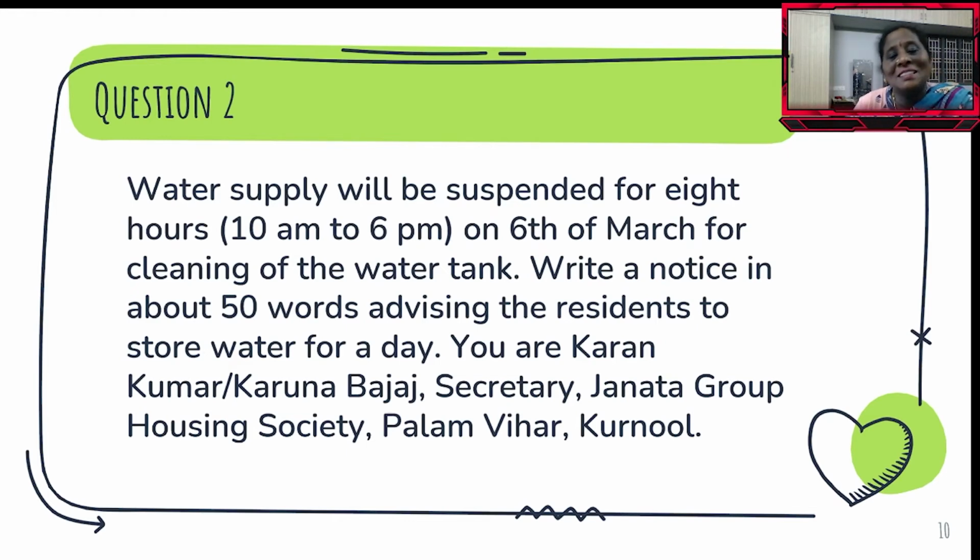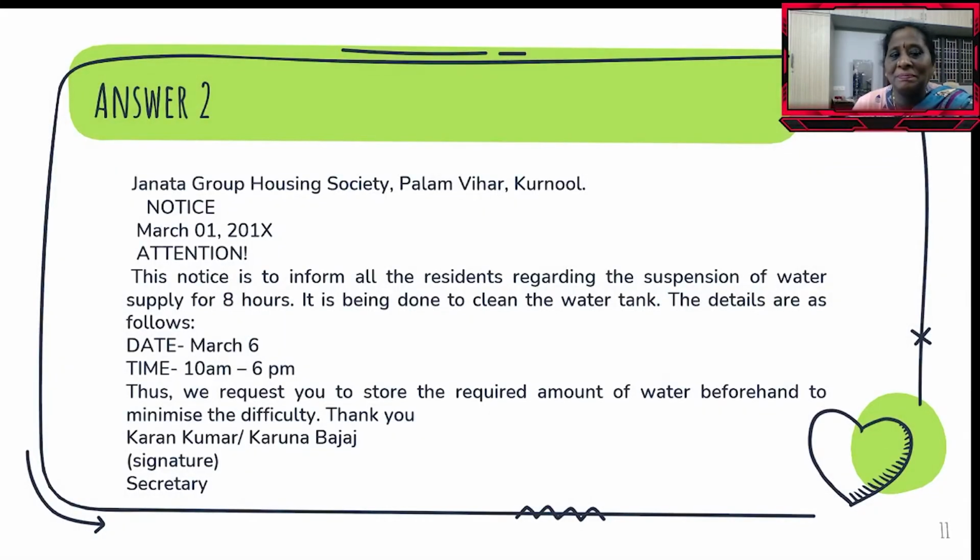So first you draw a box, then you give the institution or the place from where the notice is being issued. That is Janata Group Housing Society, Palam Vihar, Kurnool. Then the date, then you give some title, Attention. Then, this is to inform all residents regarding the suspension of water supply for 8 hours on the given date, and the reason.